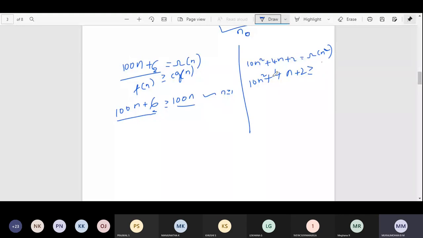Can I have here 10n square? Can I write like this? For what values of n will it satisfy? n is greater than or equal to 1. Very good. Okay, this is how the best case will work, right? Clear? Any doubt here? No, sir.